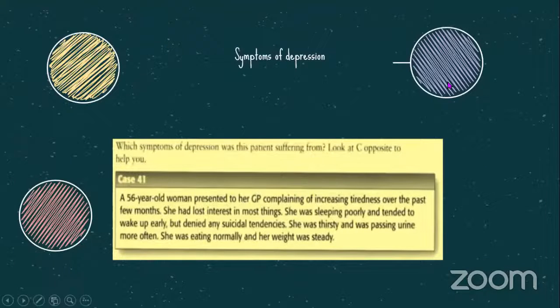Okay, Alejandra Macias, can you read this part, please? Yes, teacher. Which symptoms of depression was this patient suffering from? Look at C opposite to help you. Case 41, a 56-year-old woman presented to her GP complaining in the past few months.